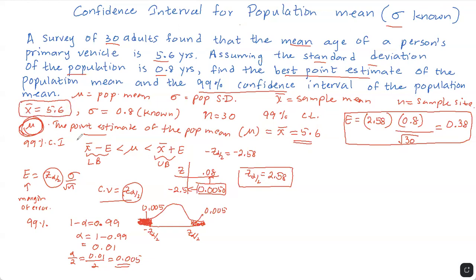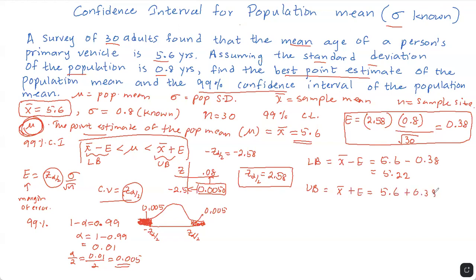Now we can calculate this interval, right? Let's calculate the lower bound, which is x bar minus E, 5.6 minus 0.38. This is 5.22. And the upper bound, x bar plus E, 5.6 plus 0.38, which is 5.98.